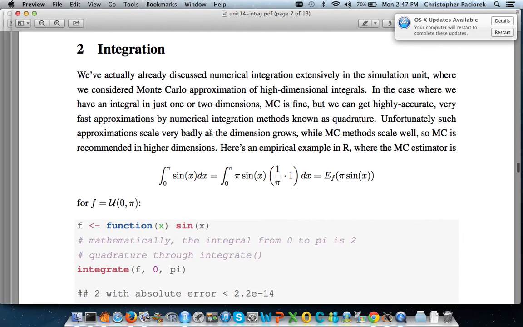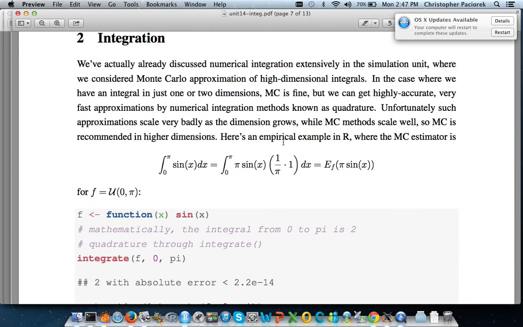So one way to think about that is to remember what we saw when we were doing Monte Carlo integration in the unit, unit 12, I guess. We saw that if I wanted to calculate something like the expected value of h(x) when x is drawn from some density f, of course that's just the integral of h(x) f(x) dx.